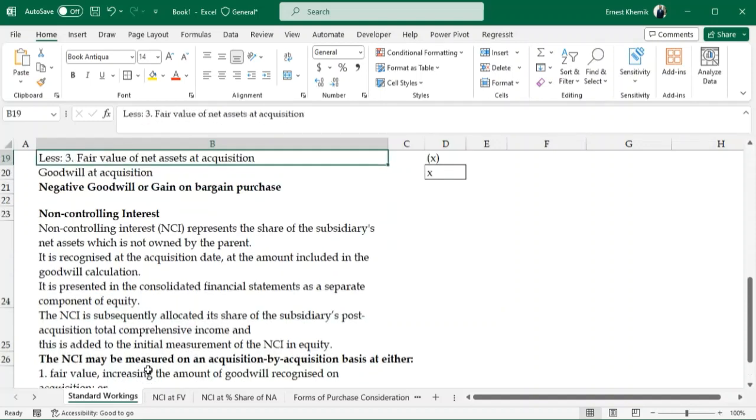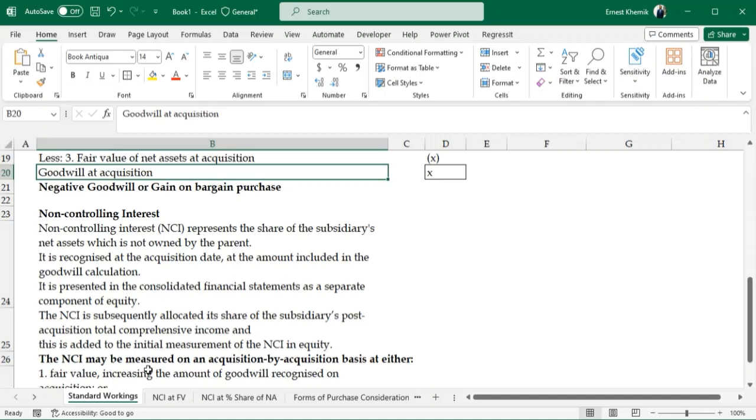Now there is something I didn't say about goodwill. After we have calculated our positive goodwill, we test it according to IAS 36. Impairment occurs when the carrying amount of an intangible asset exceeds its recoverable amount. Now the recoverable amount is the higher of the fair value of the intangible asset, or the value in use, which is the future value of the asset discounted into the present.